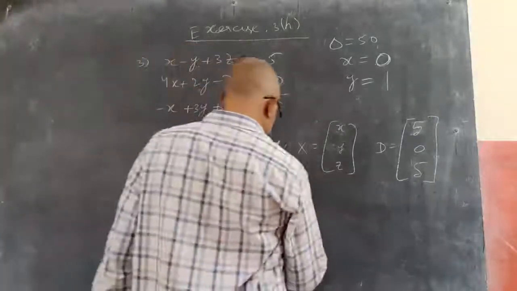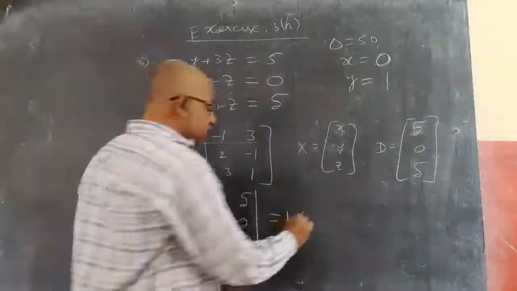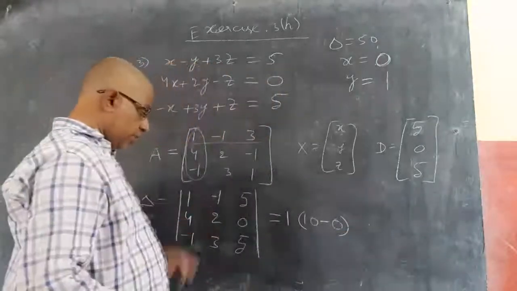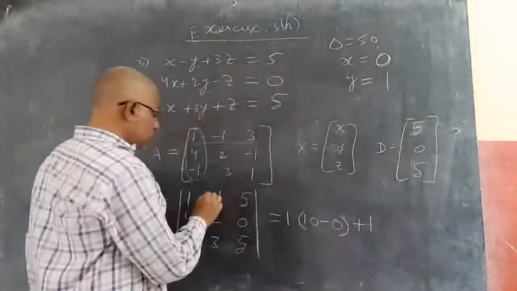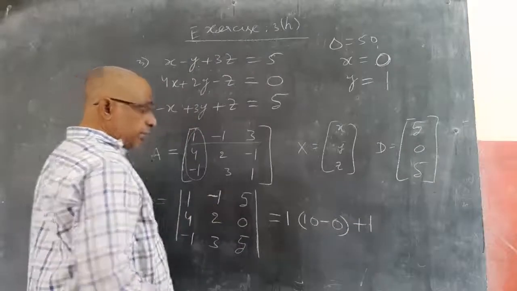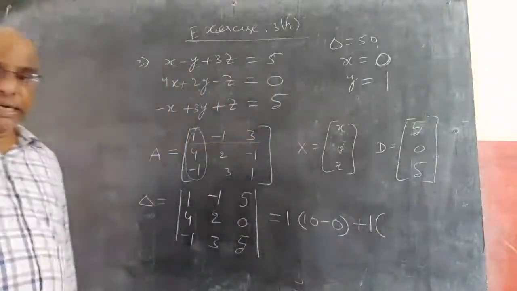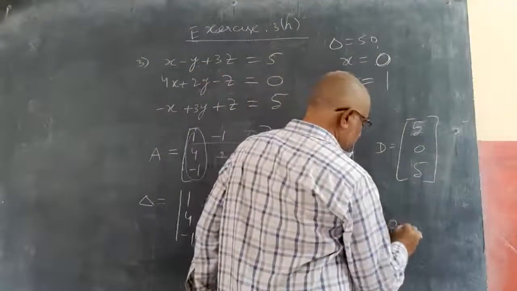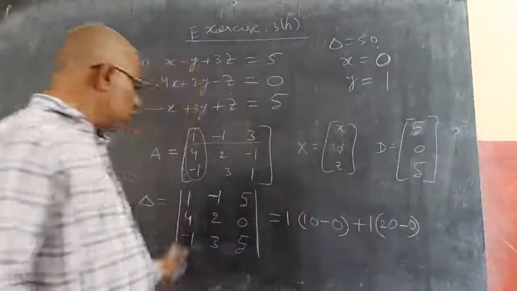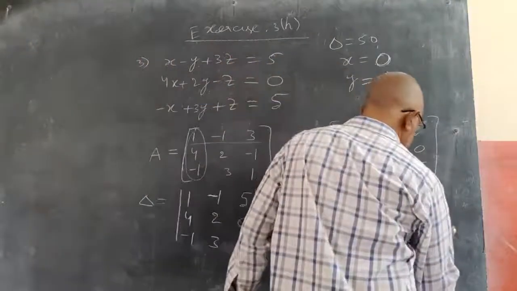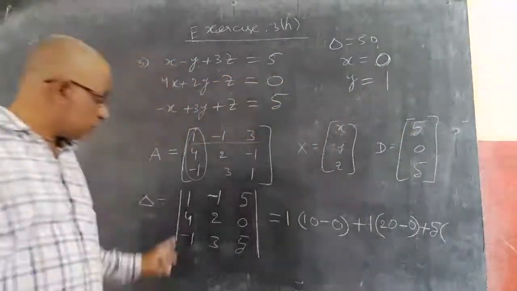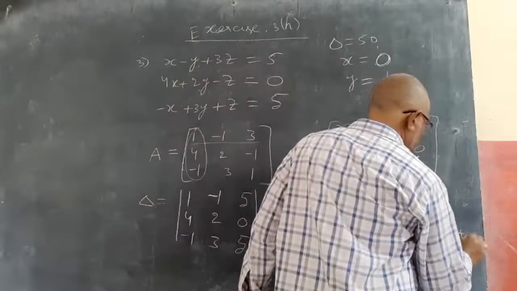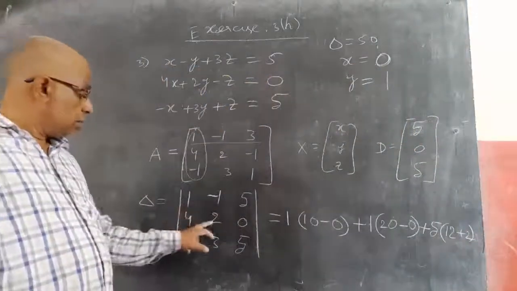So that is 1 into 10 minus 0. Minus of minus, plus 1 into 4 minus 20 minus 0, 20 minus 0, plus 5 into 12 minus of minus 2, 12 plus 2.